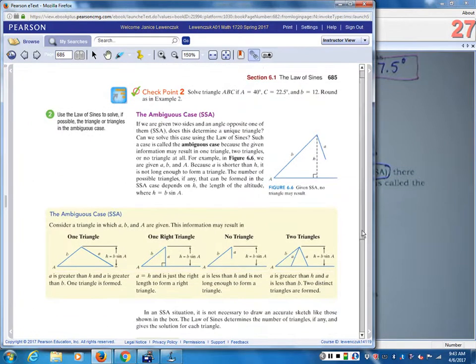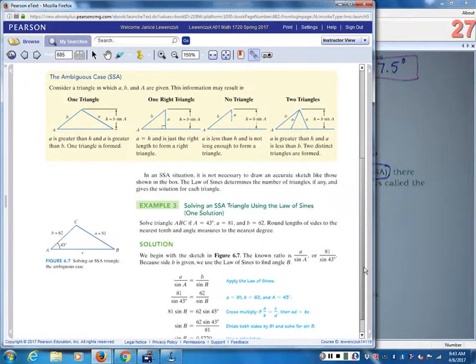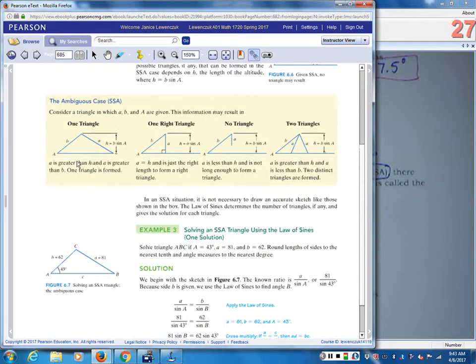There's probably a slide with this on it, but here it is in the book. You can have one triangle: one right triangle, or one oblique. You can have no triangle if a is less than h, not long enough to form a triangle.